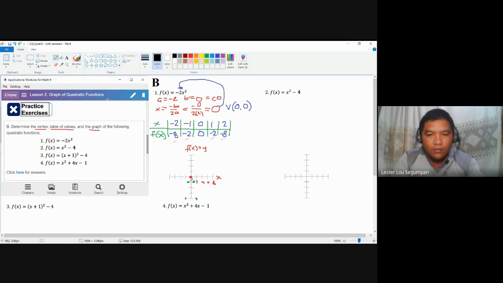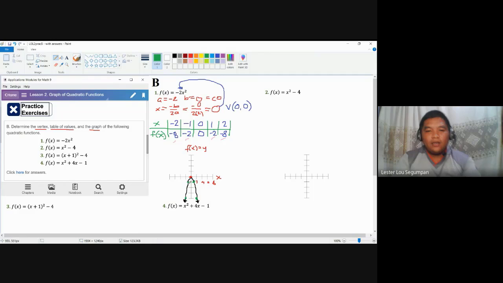I should connect all the points. And I will be making an arrowhead here. The arrowhead is telling us that the parabola actually extends toward more values, which means it still continues to go on and on.